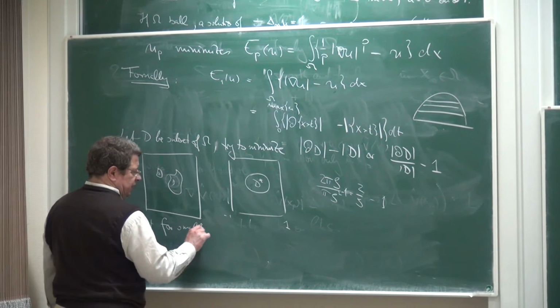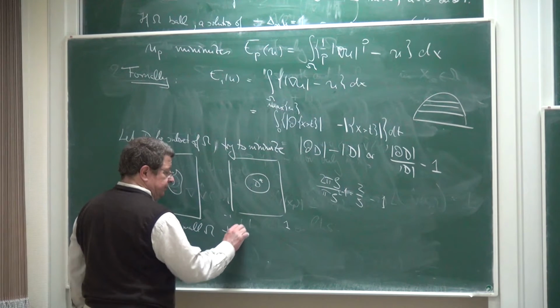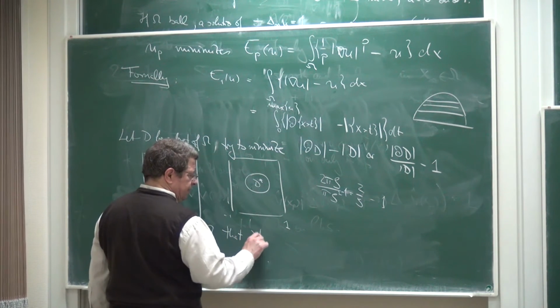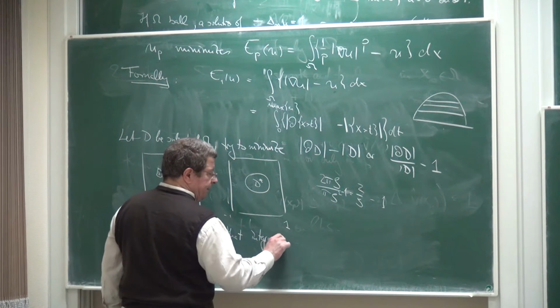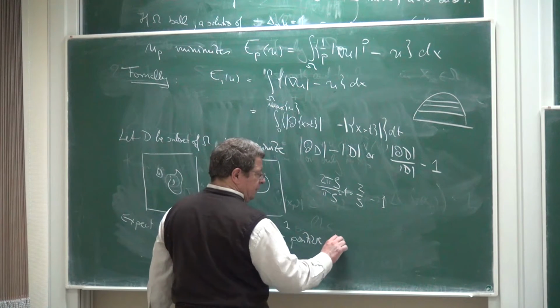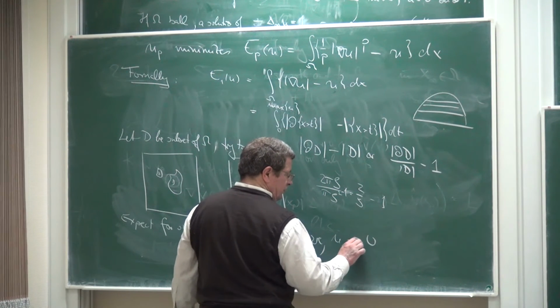Yes. So what we expect is for small omega that the integrand is positive, and then UP will tend to 0.